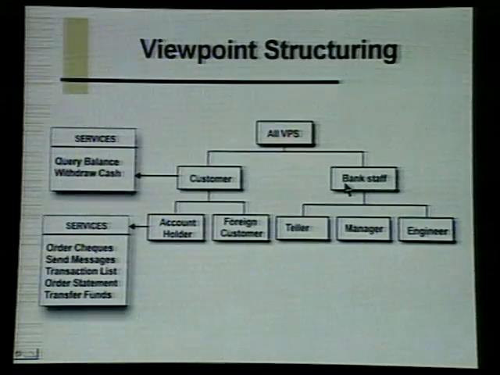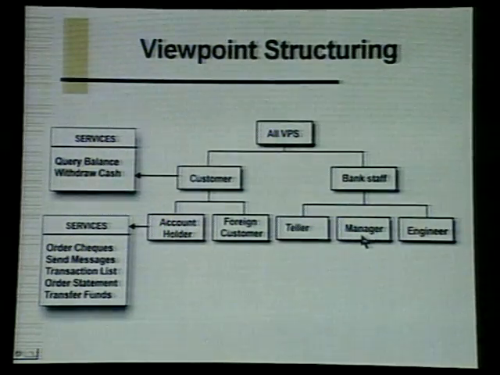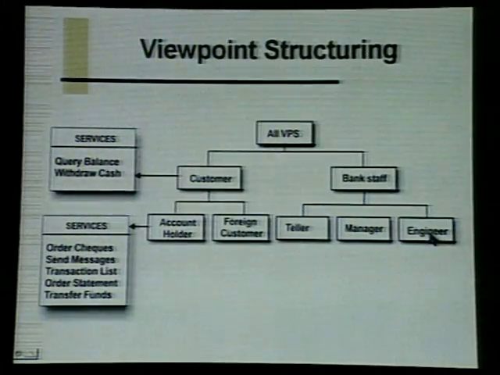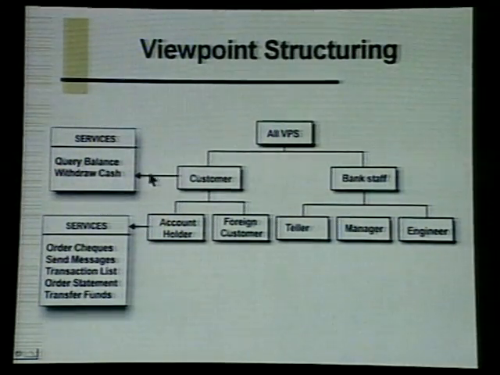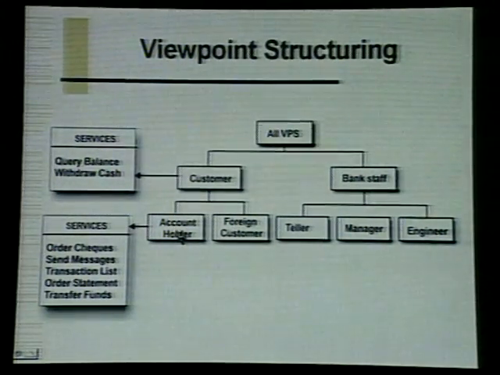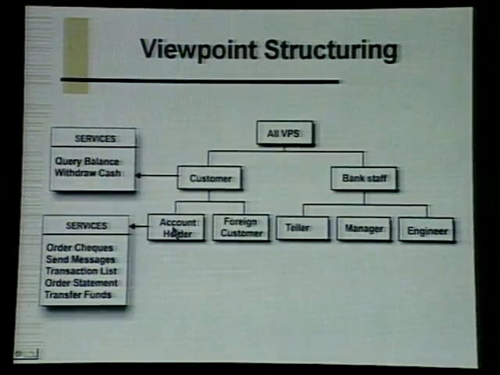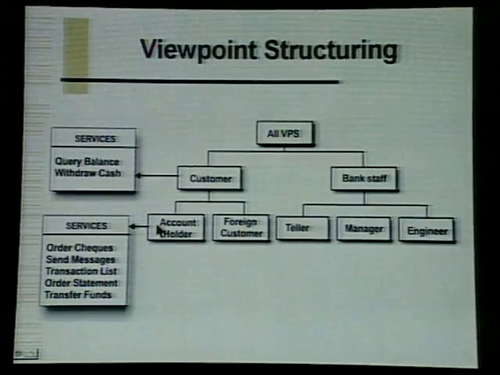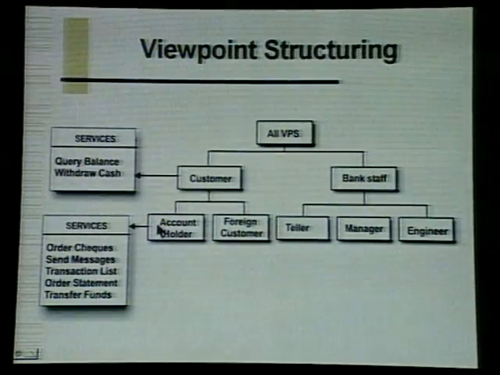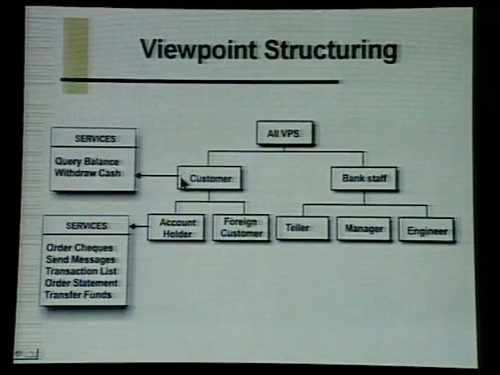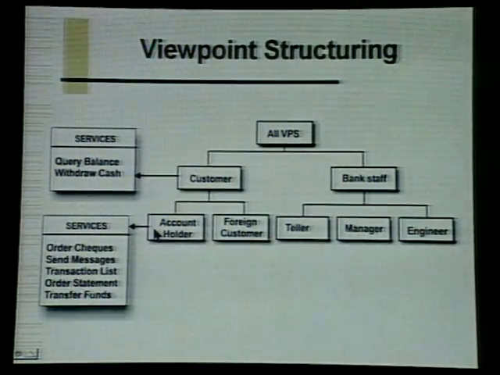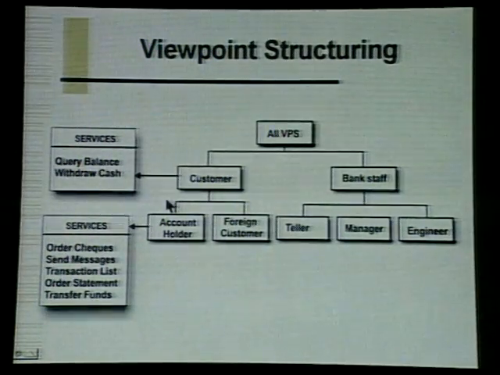Similarly, in the bank staff, we have the tellers, managers, and the maintenance engineers. So all the viewpoints are put in a hierarchical fashion in such a way that the viewpoint which is at the low hierarchy level holds or uses all the services which can be used by a viewpoint above it. So there is the idea of inheritance here.